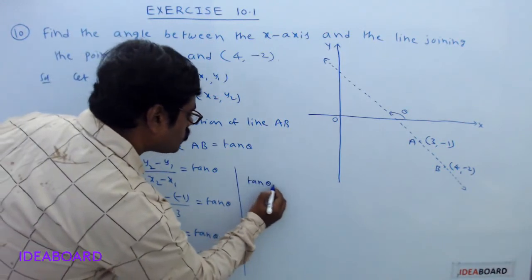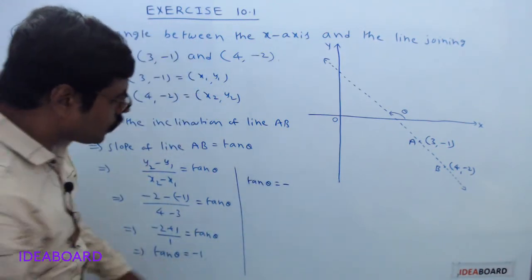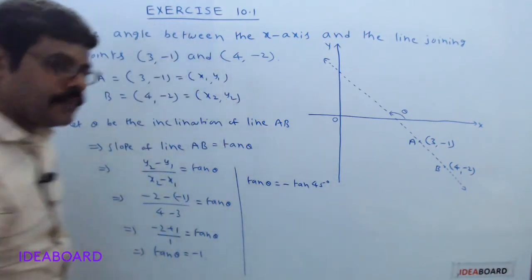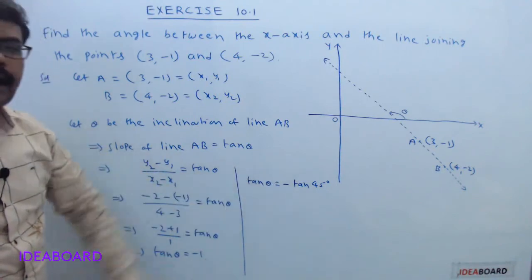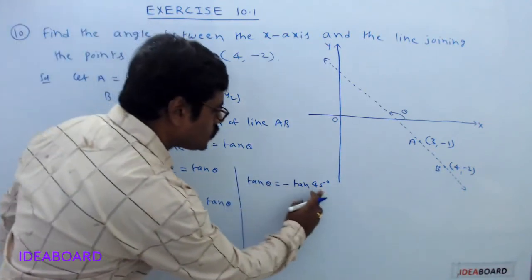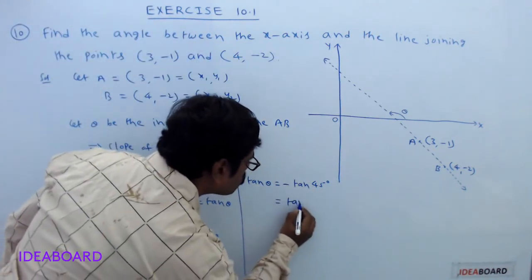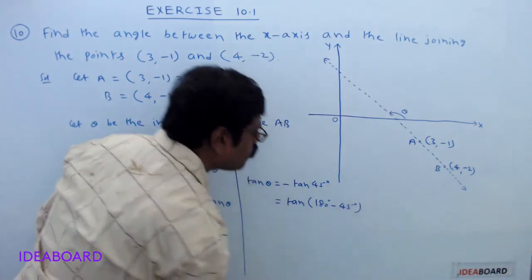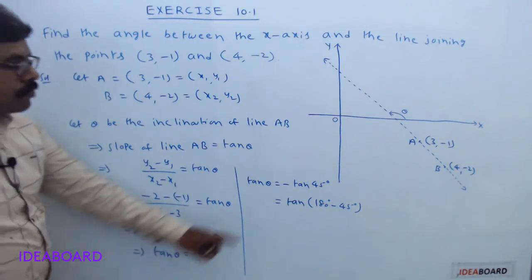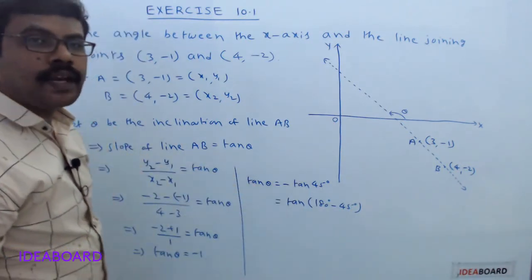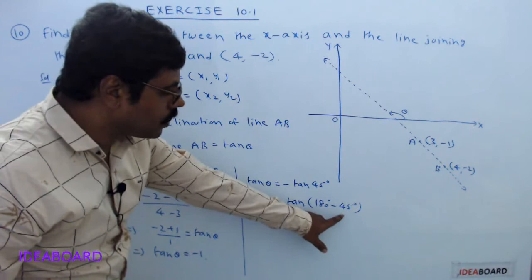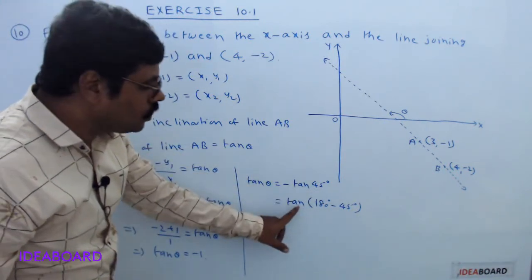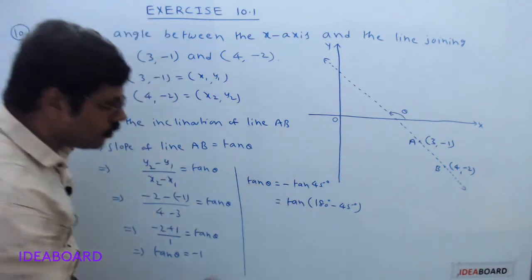Now tan theta equals minus 1, and this 1 can be taken as tan 45 degrees. Minus tan 45 can also be expressed as tan of 180 minus 45 degrees, because minus tan theta equals tan of 180 minus theta.